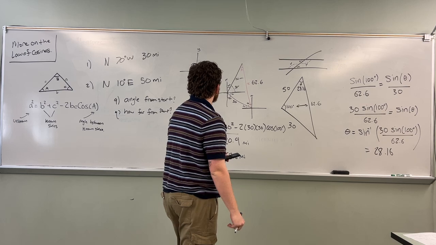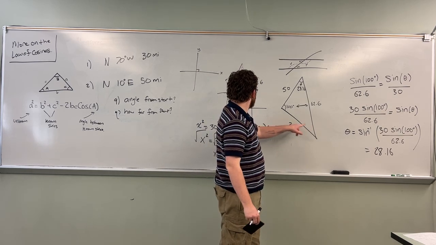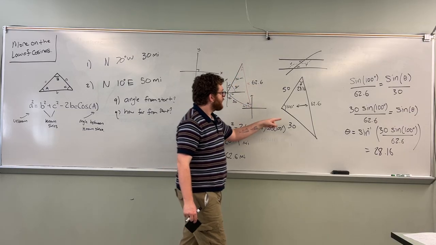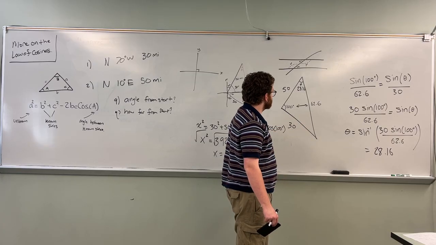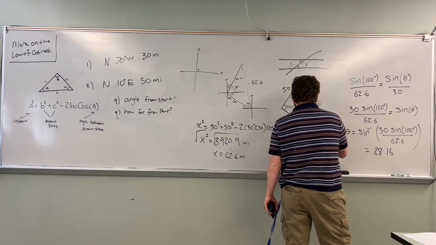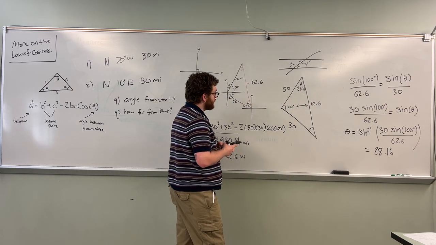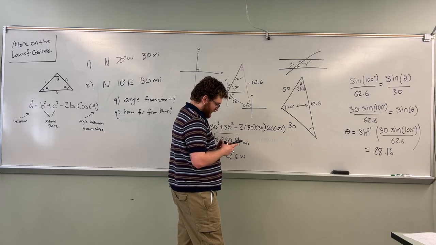That looks about right. This angle right here should be less than 70 degrees because it was 70 degrees, but this line cuts it a little bit, and that makes sense. It'd be 18.16 less than 70, so there we go. We could then find that last angle, 180 minus 100 minus 28.16.